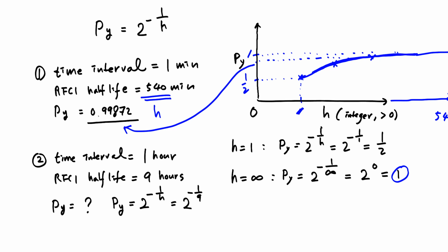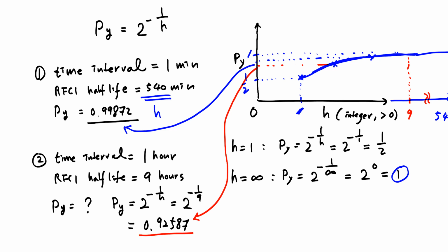Instead of 540. And this value is 0.92587. So we see that your Py value depends on the time interval.